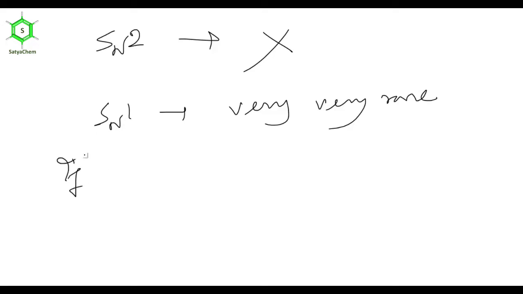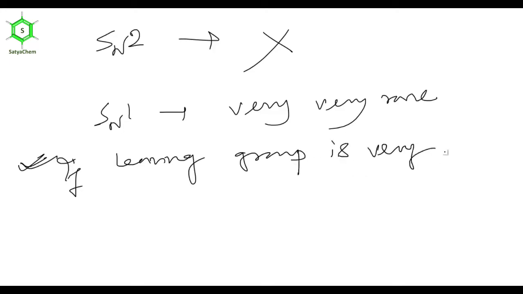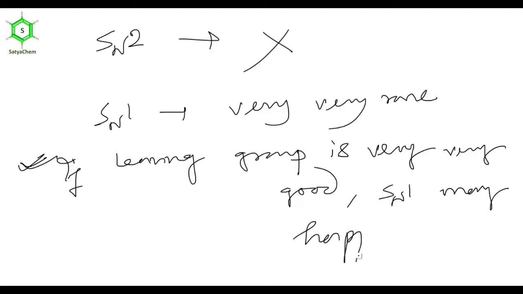This is very important. If the leaving group is very good, a super leaving group, then Sn1 may happen in aryl or phenyl halide. Clear?